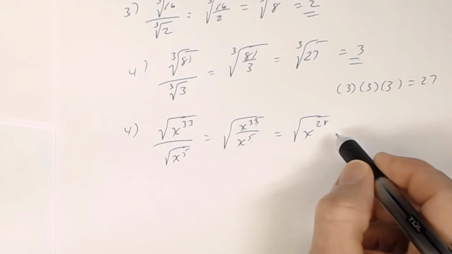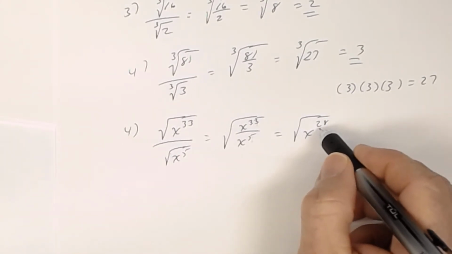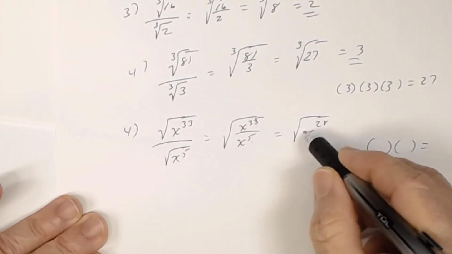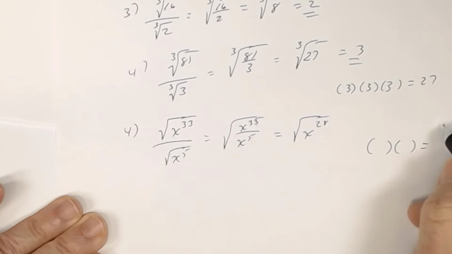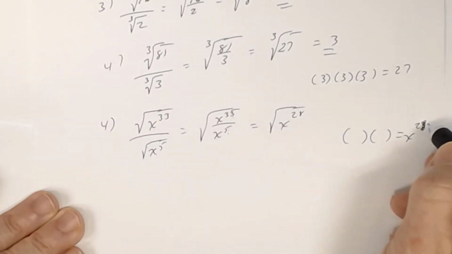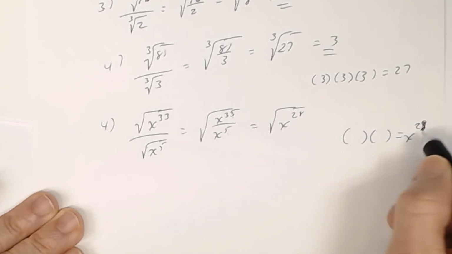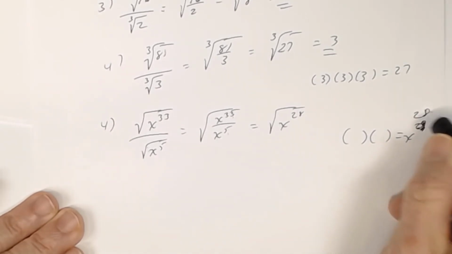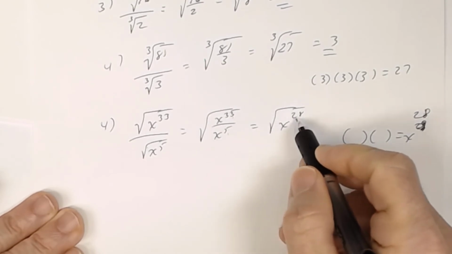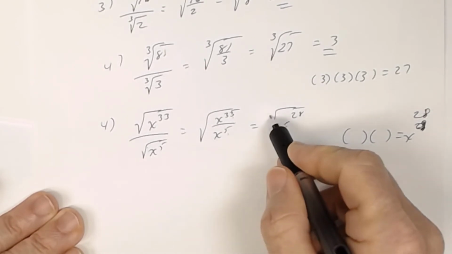And then remember what we did in the previous lesson. What times itself twice is x to the 28th? We saw a quicker way of determining what goes here: just take the exponent, 28, and divide it by the index 2.